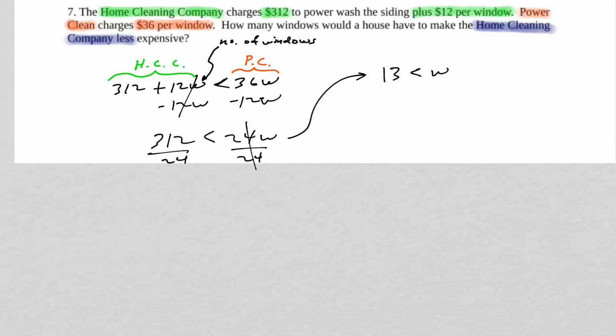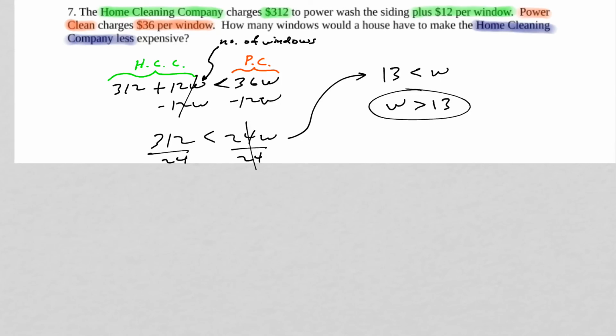Now again, we normally like to write the solution to this inequality with the W on the left-hand side and the 13 on the right-hand side. So if we do that, note that our inequality symbol is pointing towards the 13. So when I rewrite it, I'm still going to have it pointing towards the 13. So there's our solution right here.